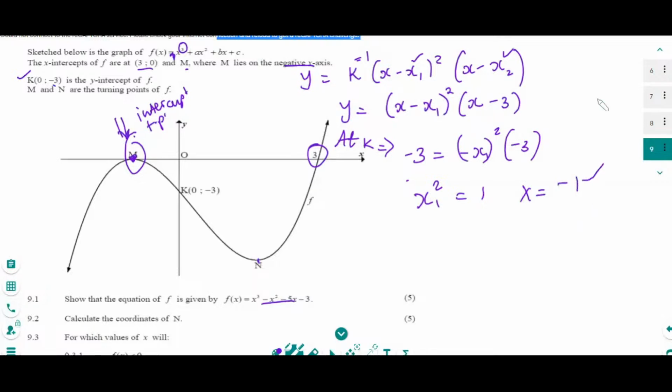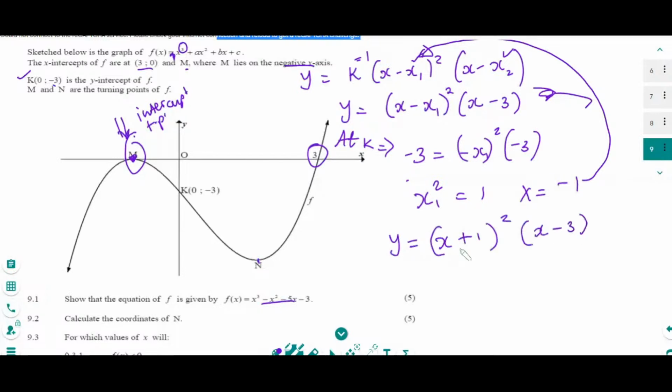Then I'll replace this into the original. So y is equal to (x plus 1) squared into (x minus 3). I can open this up first. I'll have (x squared plus 2x plus 1) into (x minus 3).